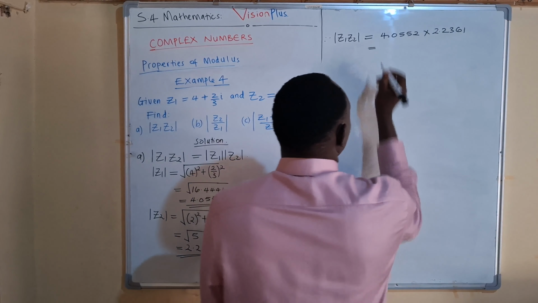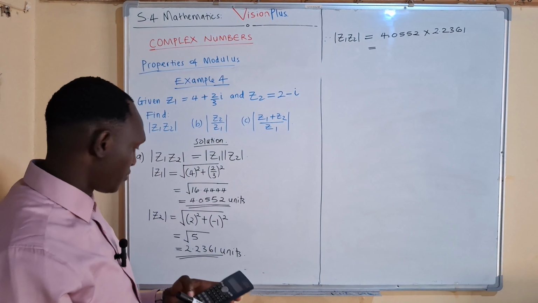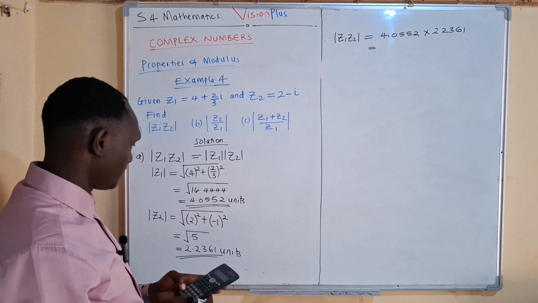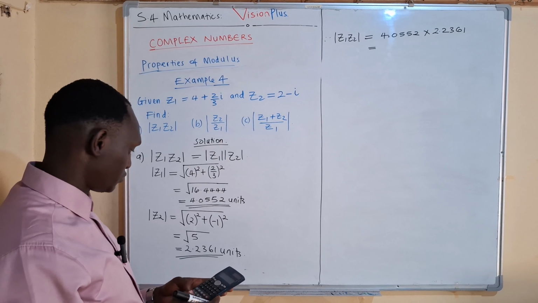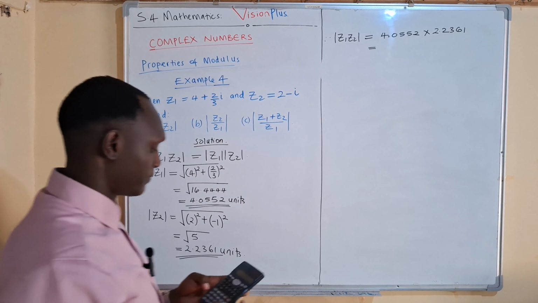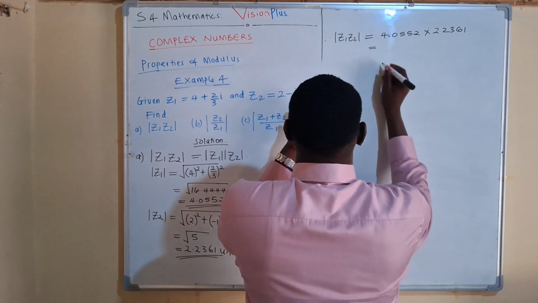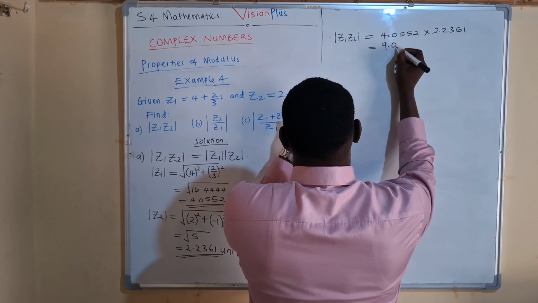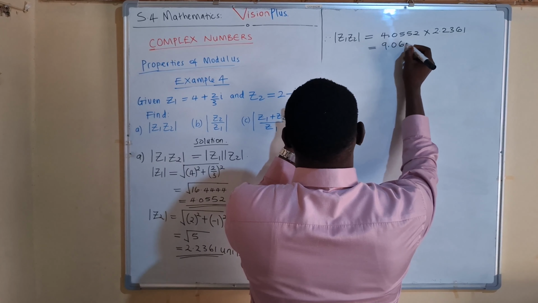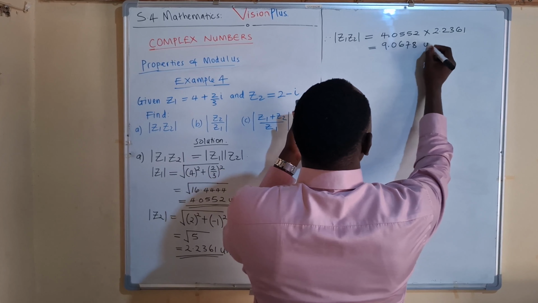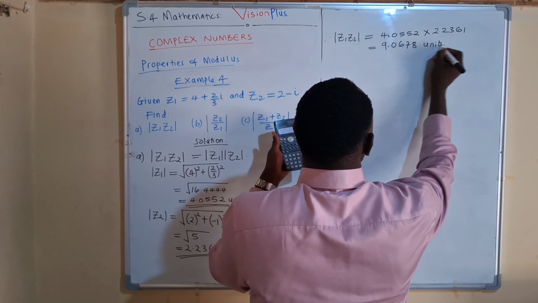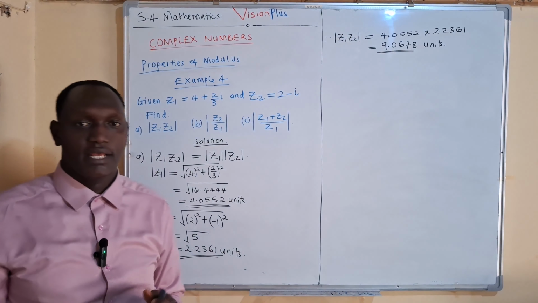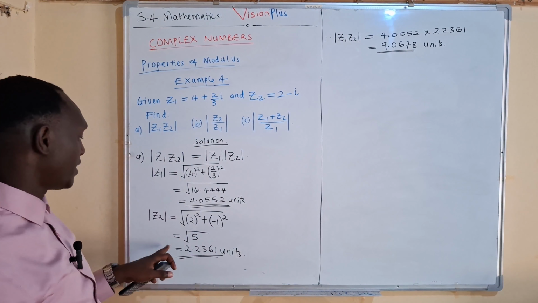Then you press the calculator. 4.0552 multiplied by 2.2361. Please press the calculator so that you get the same answer. So the magnitude of Z1 Z2 is 9.0678 units. That is for part A.